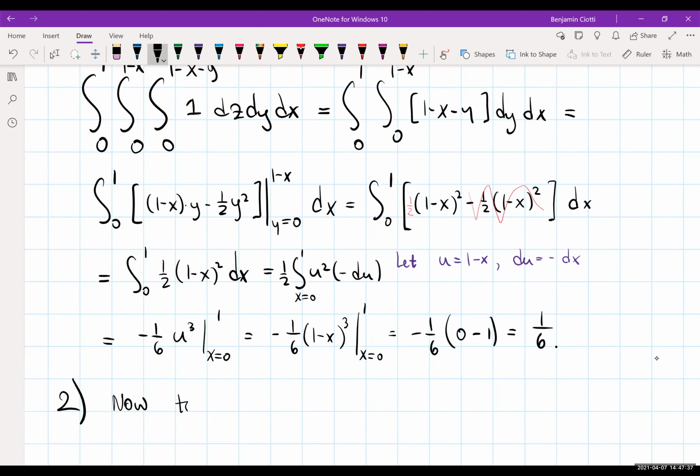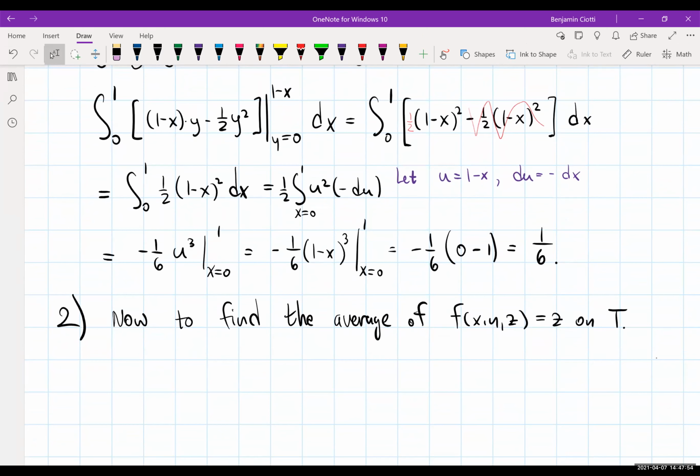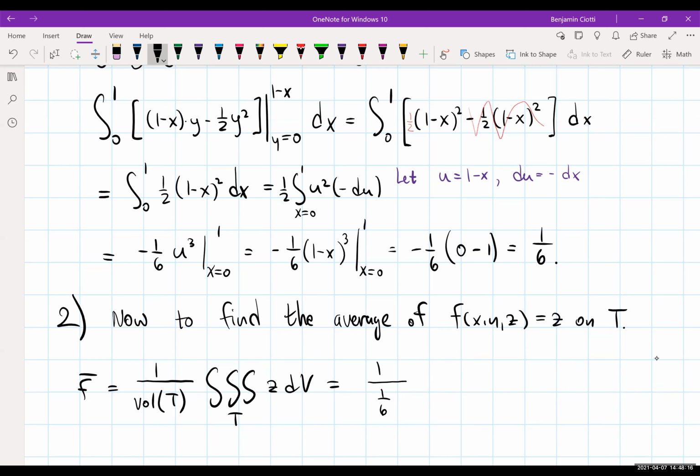So now, to find the average of the function that's just equal to z, that'll be 1 over the volume times the triple integral, which will be 1 over 1/6.